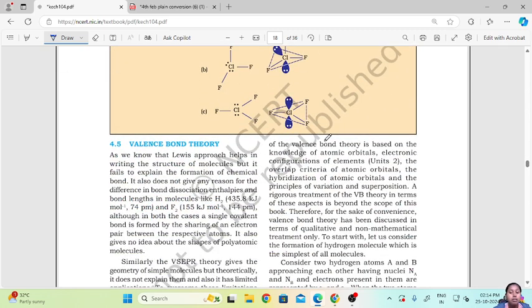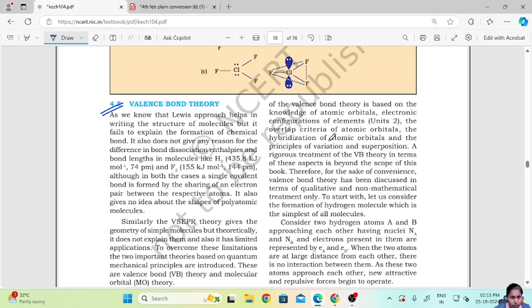Now next is the valence bond theory. The next theory is VBT, or valence bond theory. As we know, the Lewis approach helps in writing the structure of molecules, but it fails to explain the formation of chemical bonds. Using the Lewis approach, you can write the structure, but it doesn't explain exactly how chemical bonds are formed.